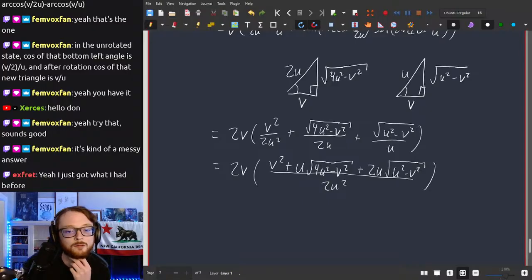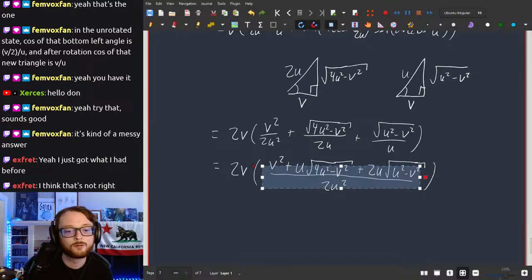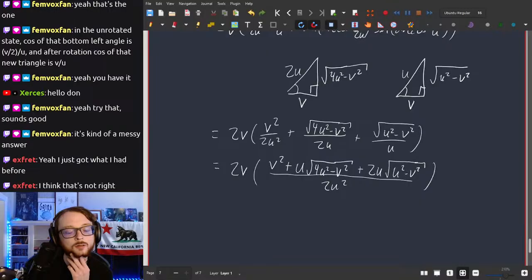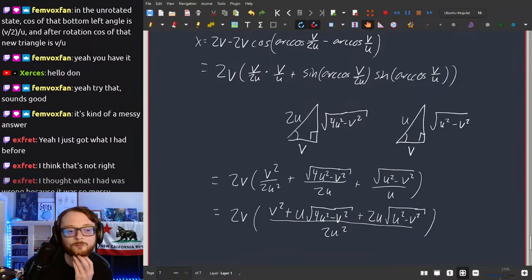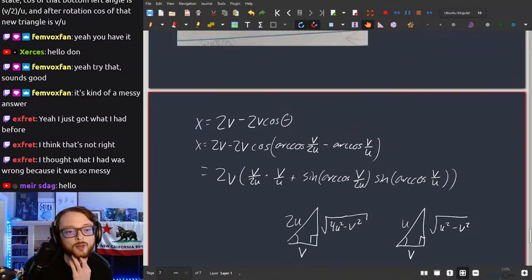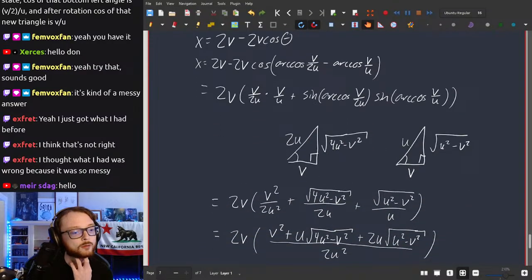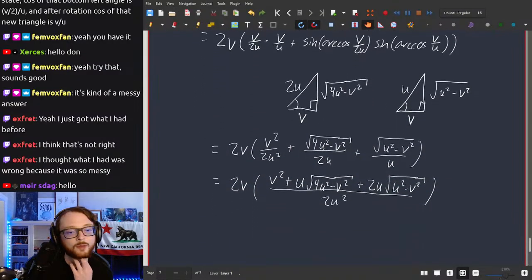Oh, did you get this with trig? I guess we use trig here too, but not that much of it. You think it's not right? No. I think what Fenbox did was right, so maybe I made an algebra mistake. I don't know why it would be clean.